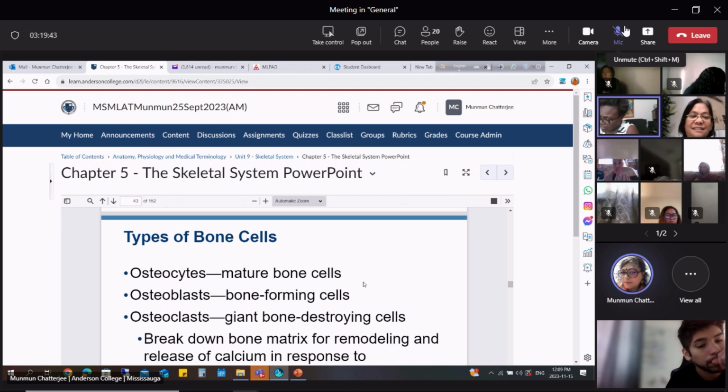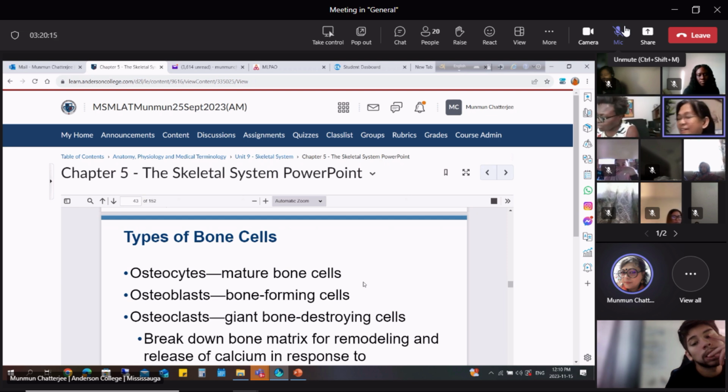Osteoblast is also an osteocyte, yes, because it is a bone cell. Exactly. All mature bone cells are osteocytes. Osteocytes may be osteoblast or osteoclast. Exactly. Concept clear?